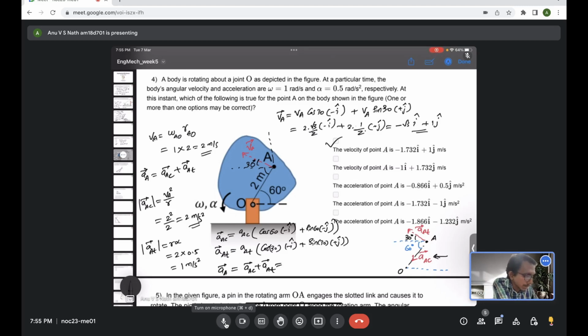You should get minus of 1 plus root 3 over 2 i minus of root 3 minus half j, which will be actually the last option, option E, in the numerical value sense. So is this clear?